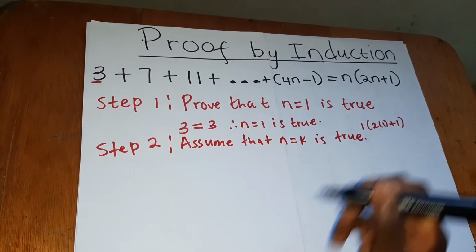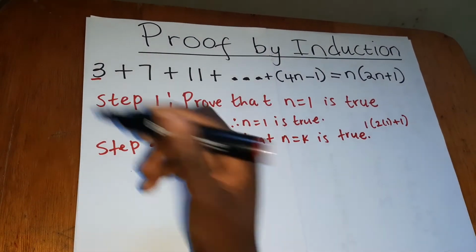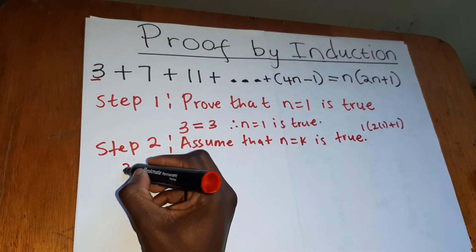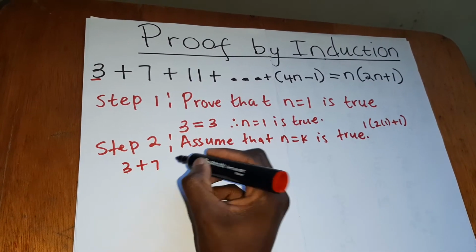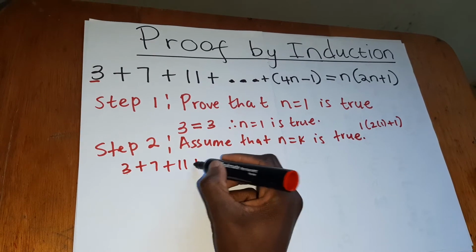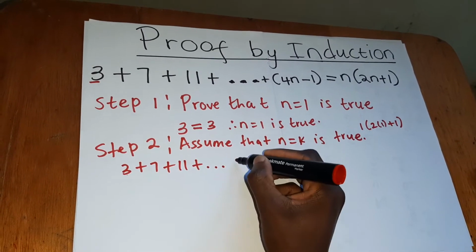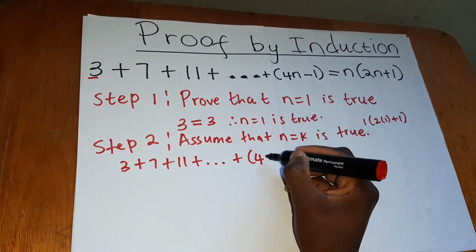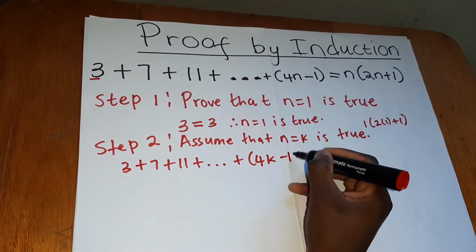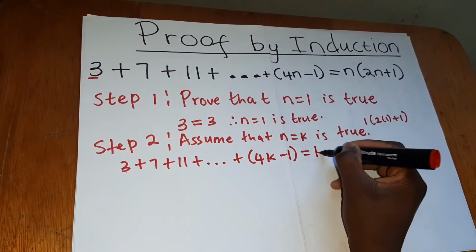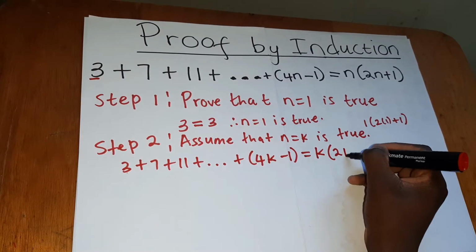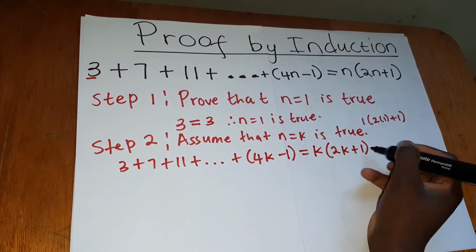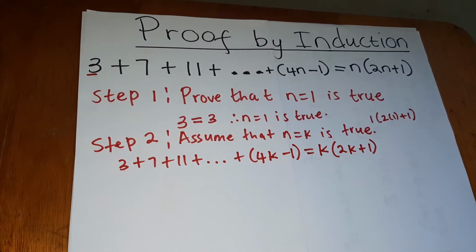So if we assume that n is equal to k is true, that means we will have 3 plus 7 plus 11 plus ... plus 4. Where there is n, we will put k. It will be 4k minus 1 is equal to k multiplying 2k plus 1. So this is our assumption.